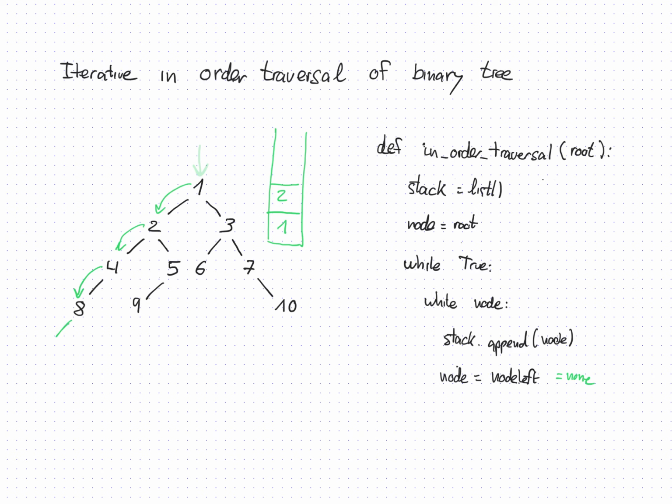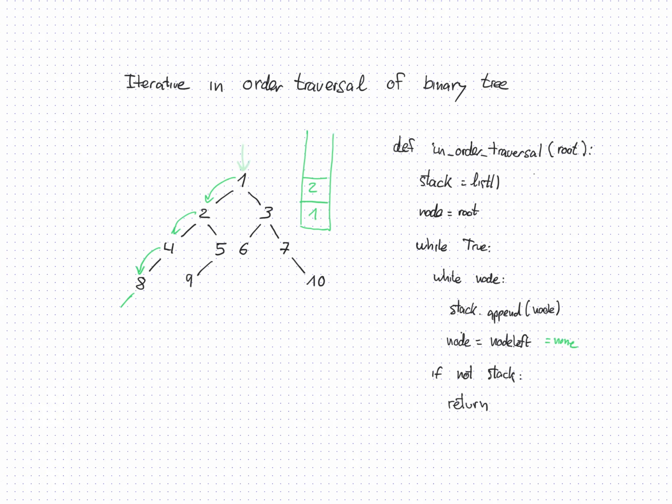So now we will break from this loop. And what do we do when we break from this loop? First, we need to check whether or not this stack is empty. So we do if not stack. If this stack is empty, we return. We reach the end of the process.